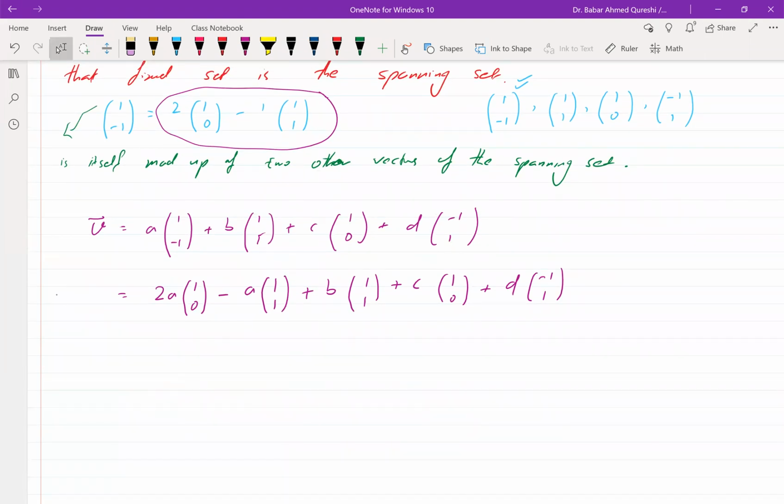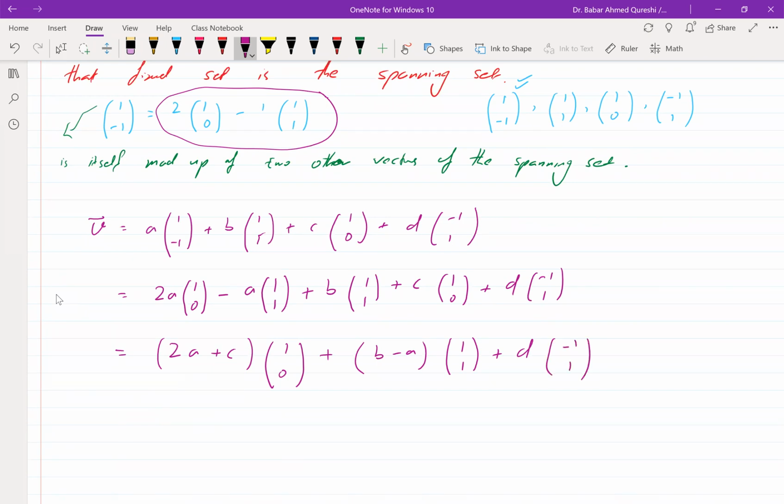So now I can collect these: (B minus A)(1, 1) plus D (minus 1, 1).